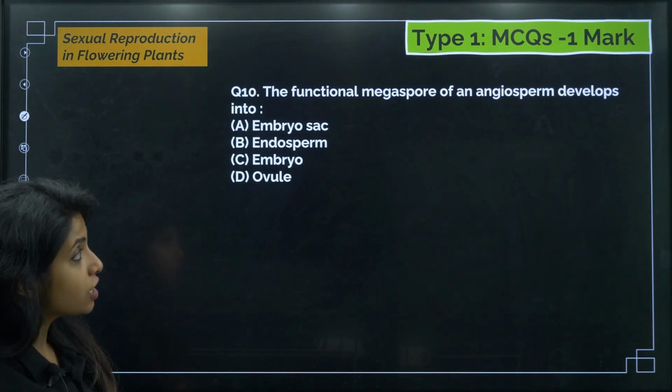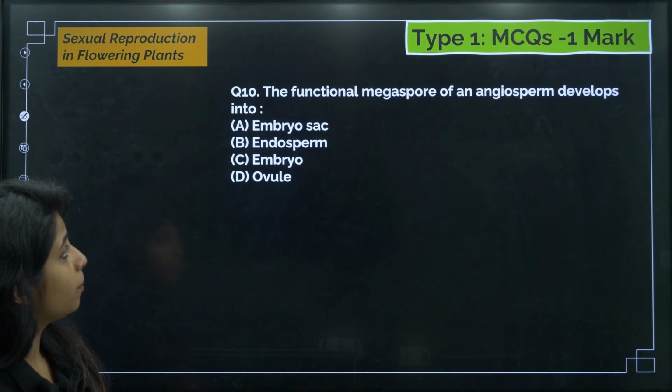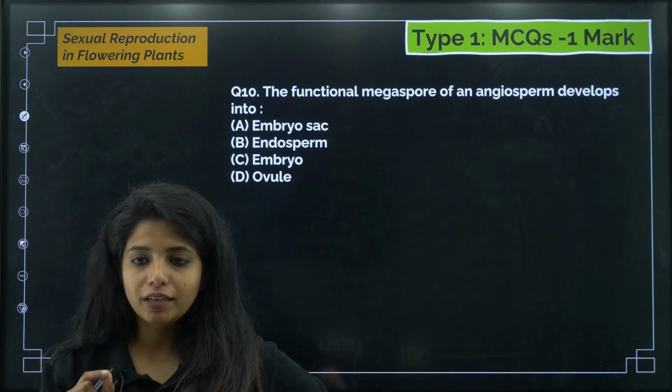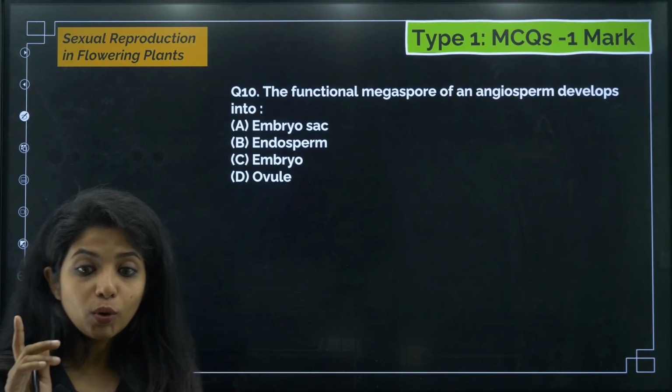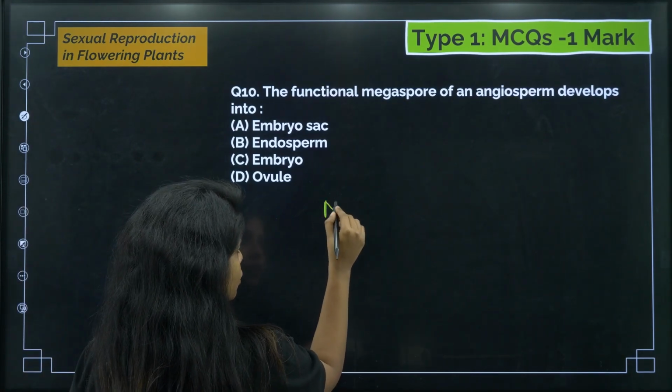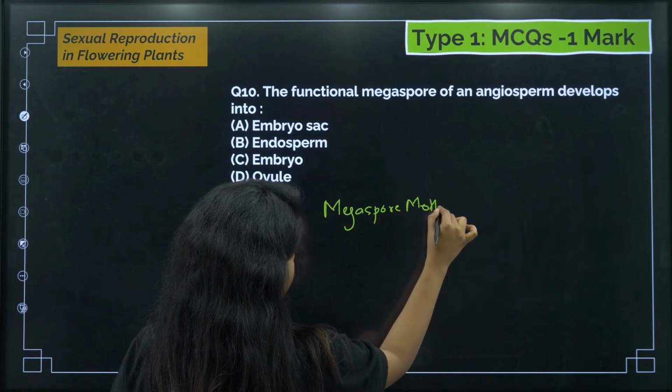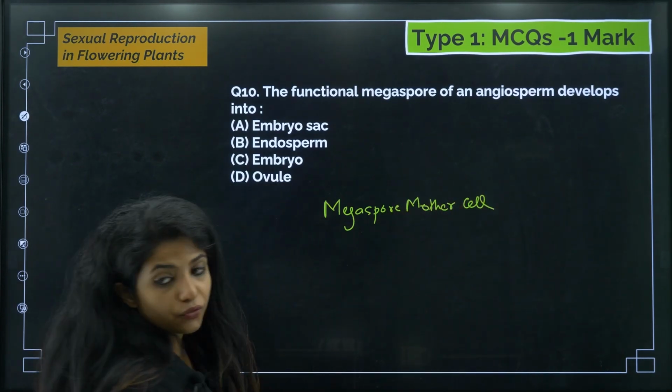So yes, the functional megaspore of an angiosperm develops into what? Remember, I told you in the case of the megaspore mother cell, it was dividing its cells.